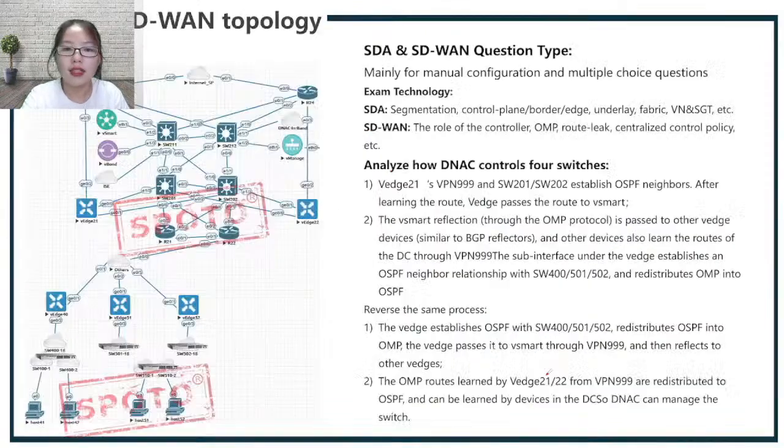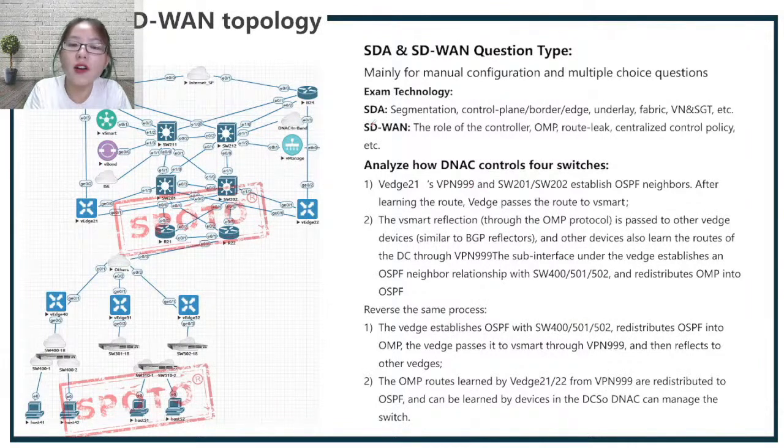Okay, so let's see the next part, SDA and SD1. This part is relatively difficult for students, but we can see the relevant knowledge.